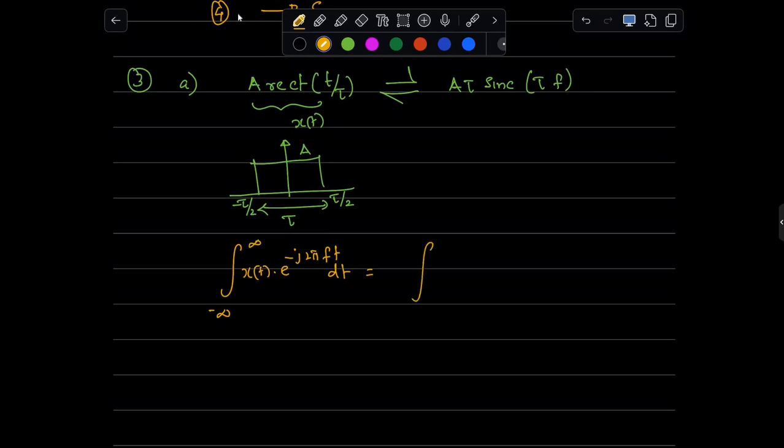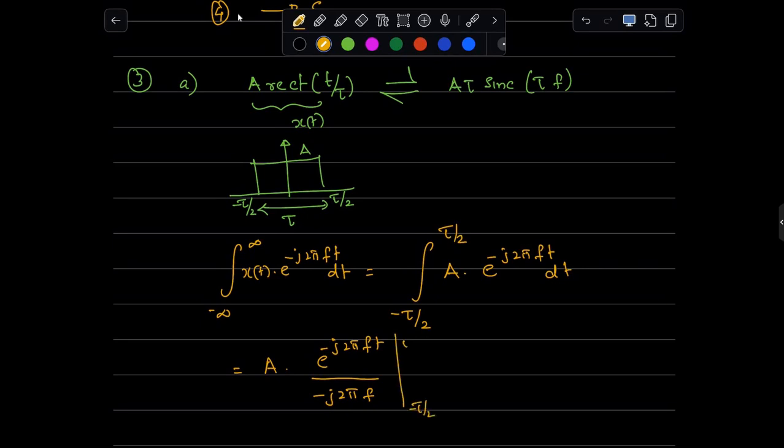In this case, the signal is starting from minus tau by 2 to tau by 2, and a times e power minus j 2 pi f into t dt. So this is a into e power minus j 2 pi f into t divided by minus j 2 pi f, and the integration limit you have to put minus tau by 2 to tau by 2.